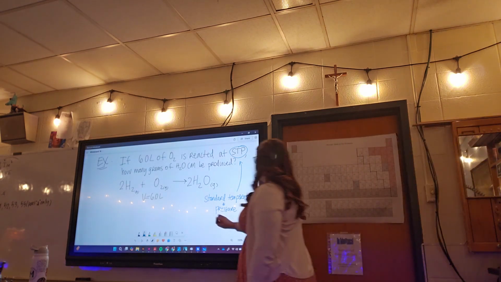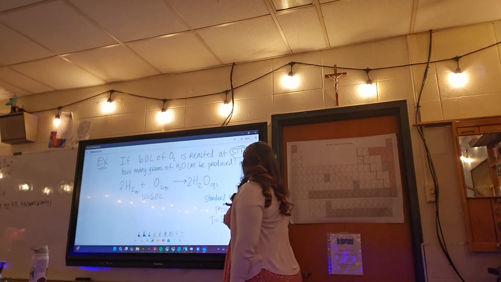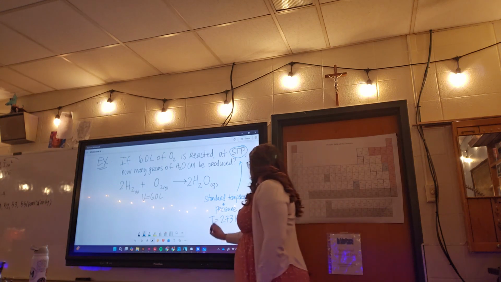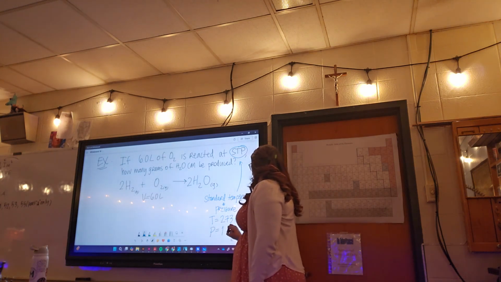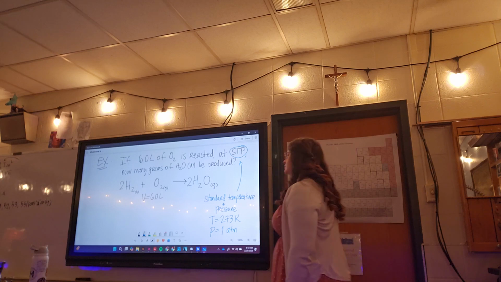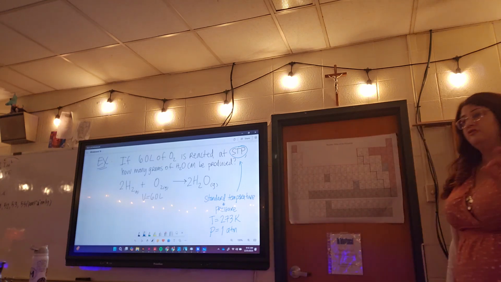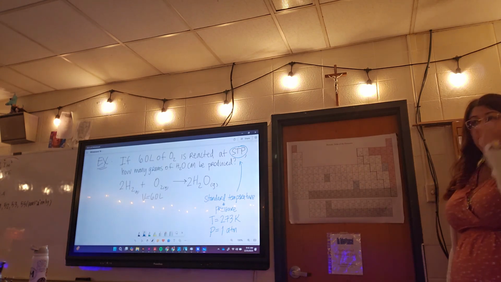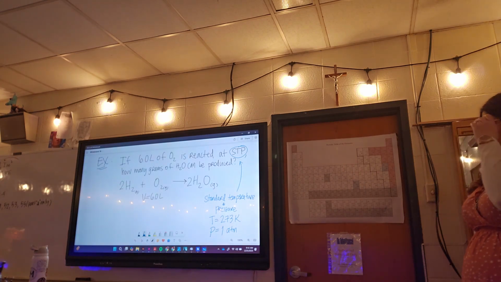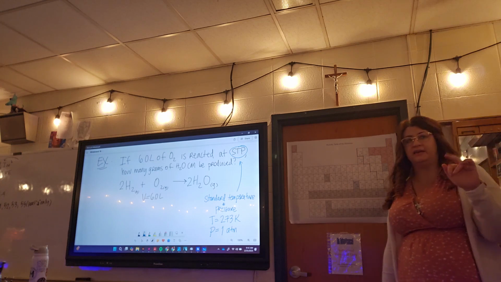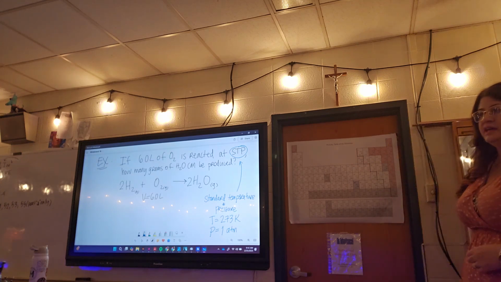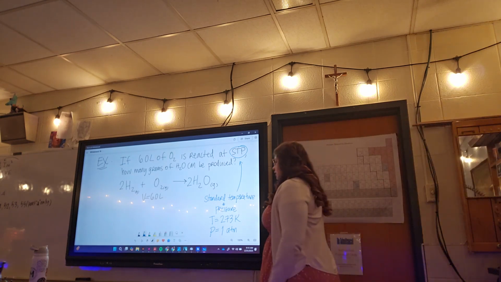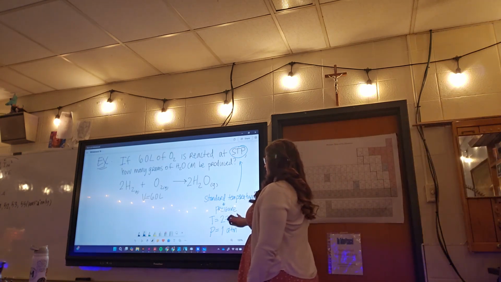So the standard temperature is 273 kelvins and the standard pressure is 1 atm. We will never use these numbers to determine significant figures because they are constants. They are considered to be exact. In other words, we can't control the temperature or the pressure, so therefore we can't determine significance from them.